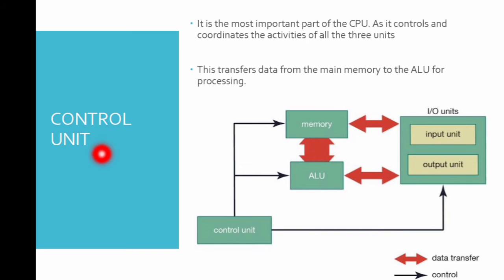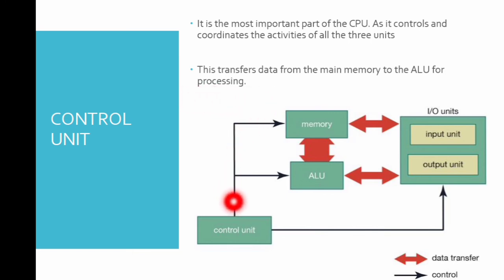Last but not the least, because it is very important, the control unit. It is the most important part of the CPU as it controls and coordinates the activities of all three units, that is ALU, MU and CU. This control unit helps in coordinating the function between all three units. It transfers data from the main memory to the ALU for logical decisions, or you can say for processing of the result.